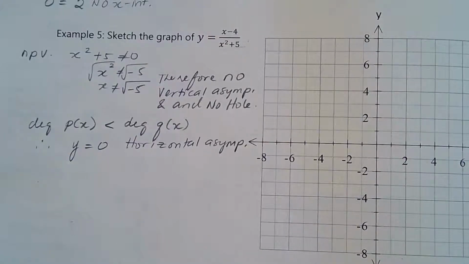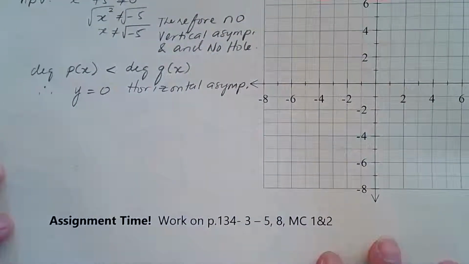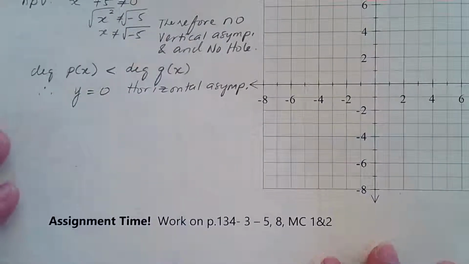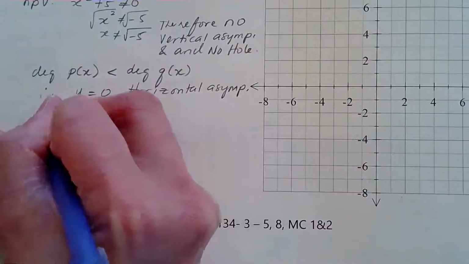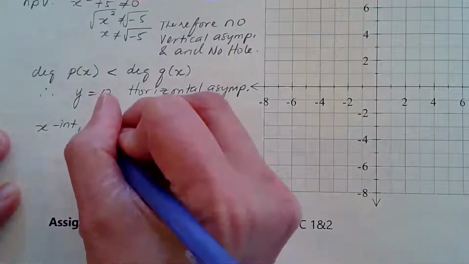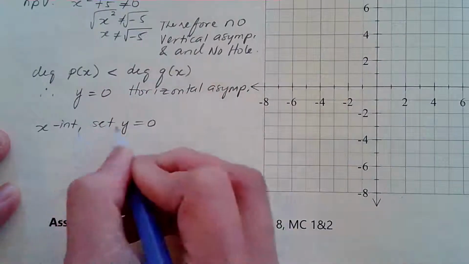Let's see. Oh, now this is going to be a little bit weird. Okay. Now let's go ahead and figure out the x-intercept and y-intercept. Okay. For the x-intercept, we're going to set y equals 0.